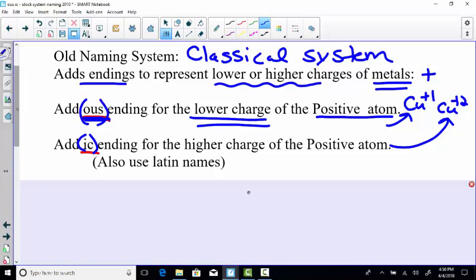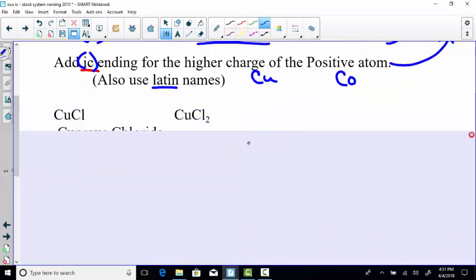What I mean when I say we're using their Latin names is if an element has a symbol like Cu, which is from the Latin name, then we're going to use the Latin name of that. If the symbol is an American name, then we'll just use the ous and ic ending on the American name. So this is where this comes into play. We have CuCl and CuCl2.